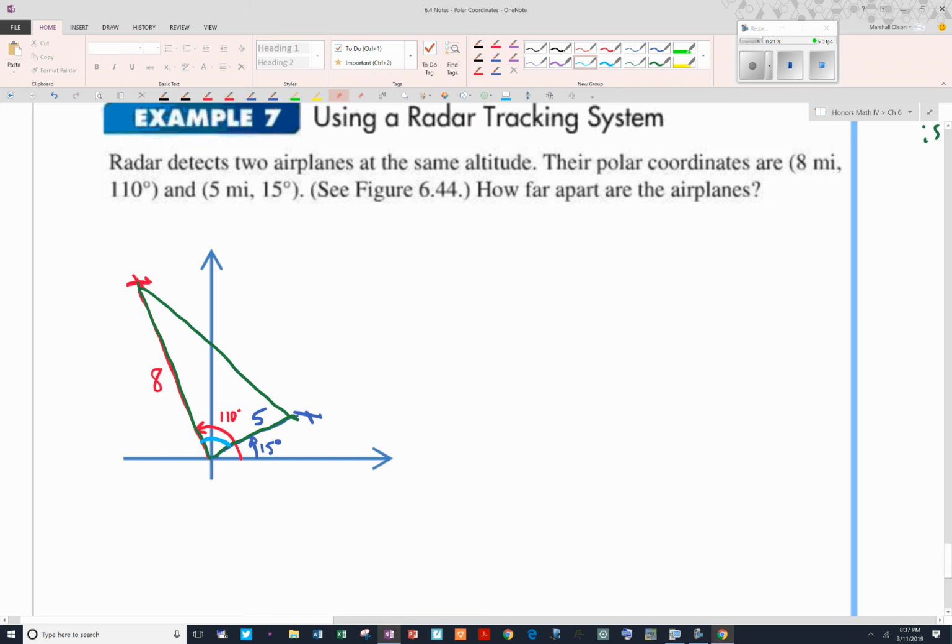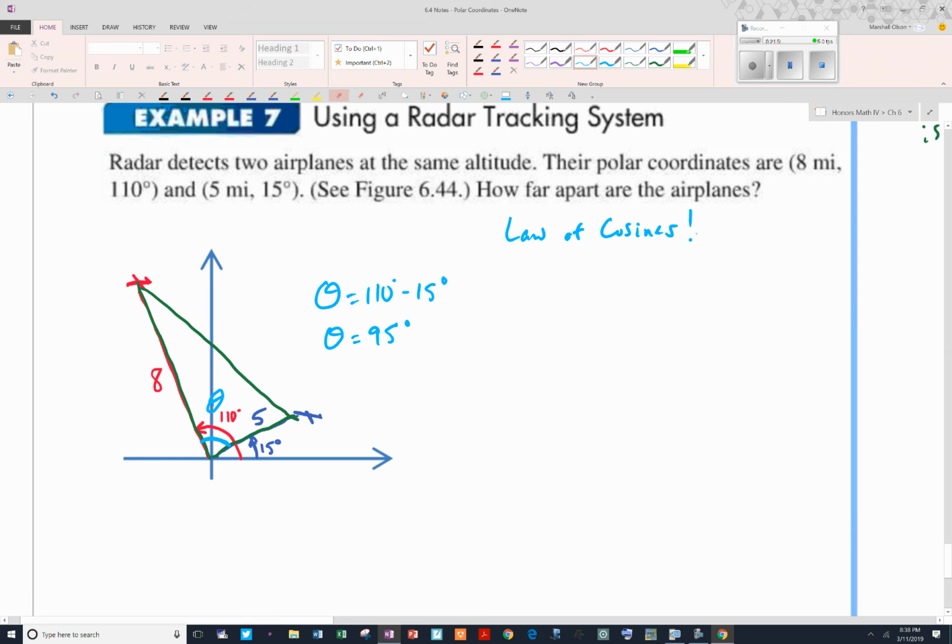That would be the angle between 110 degrees and 15 degrees. I'm going to call that theta, and theta would be 110 minus 15, which is 95 degrees. So we have two sides and the angle between them. We have the side-angle-side case, so this is going to be a law of cosines problem.